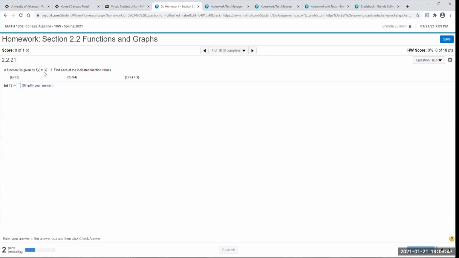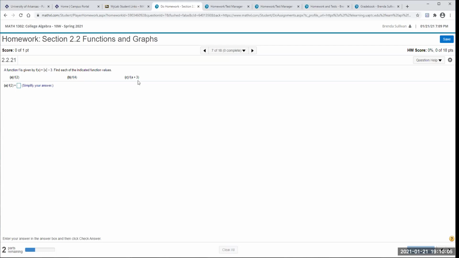This is a function. Notice it says f of x, which really means y, equals the absolute value of x minus 3. And it says find each of the indicated function values. And they give you 3 values.